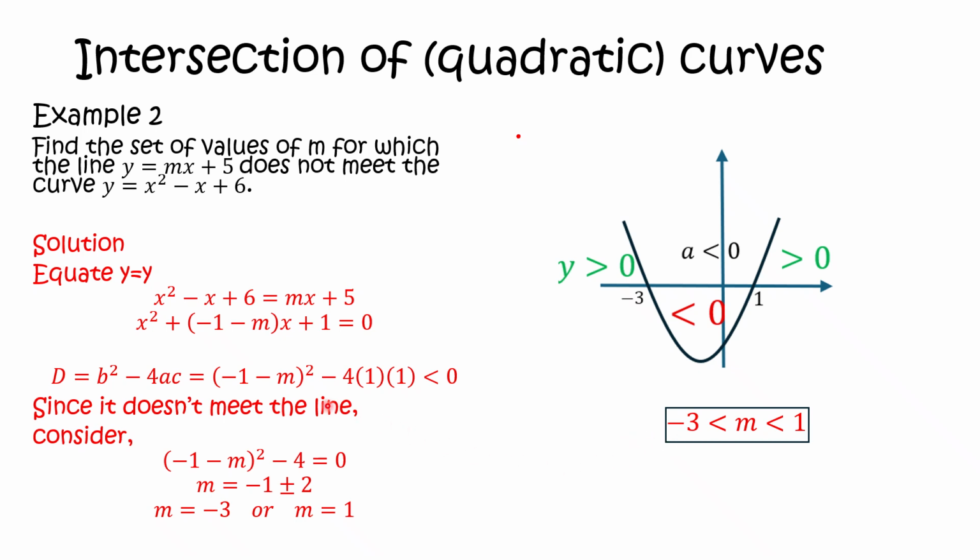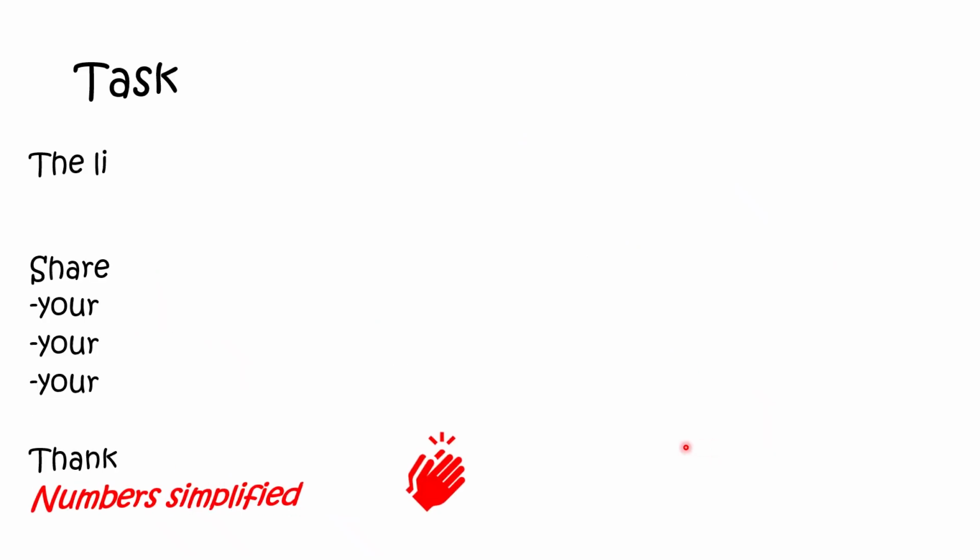So with that, and looking at the inequality that we have here of less than 0, it means we are interested in the values in which the curve has values that are less than 0 for y. So our final answer becomes from minus 3 to 1. That is, m is less than 1 and greater than minus 3.